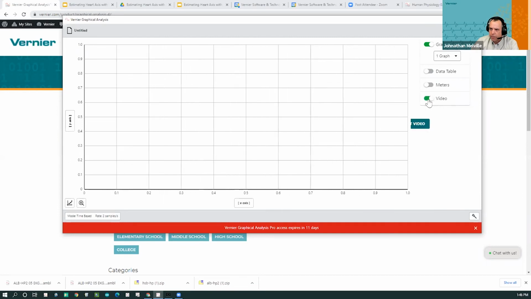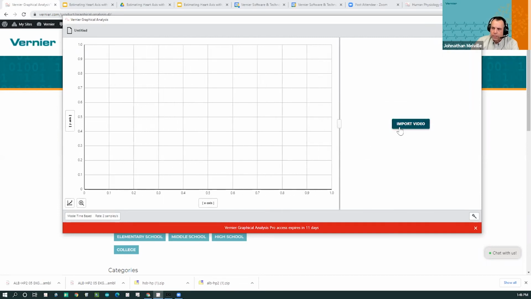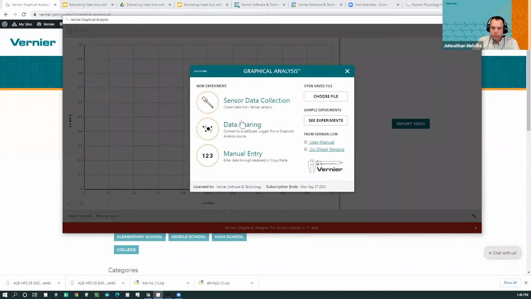So if I turn the video icon on, you can actually import video, and there's actually a way to sync a video to the data as well. So I could actually import a video of a person doing an EKG trace. Like you could film it, and I could have the data in here live, and then you could push that experiment out to students, and they would be able to see it all. Other questions?